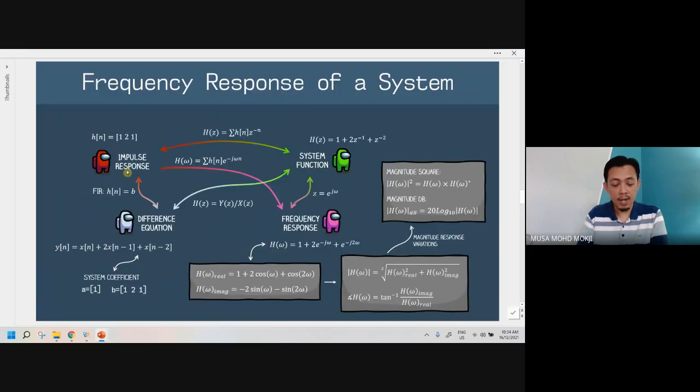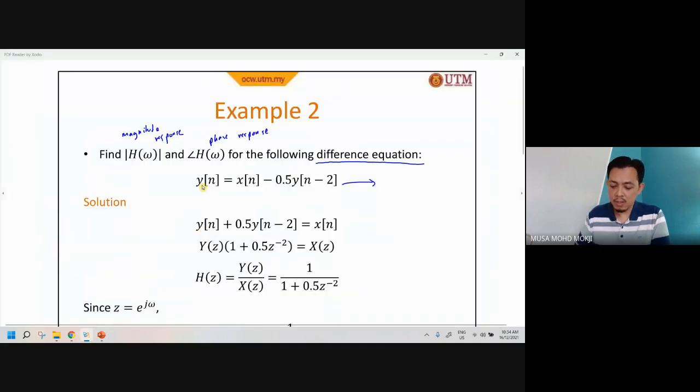And we need to know, like this slide, what you should do next is to identify what the coefficients will be. In this one, a is equal to 1, and b is equal to 1, 2, 1. So this is 1, 2, and 1. And in this case, our a will equal 1. And do we have a delay by 1? No, we don't have delay by 1, so it will be 0.